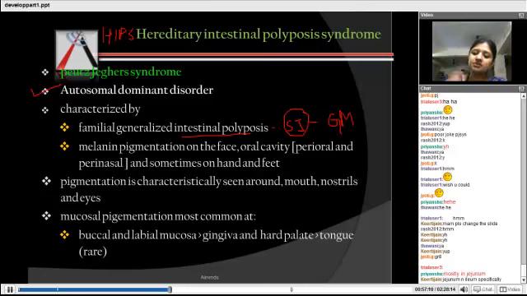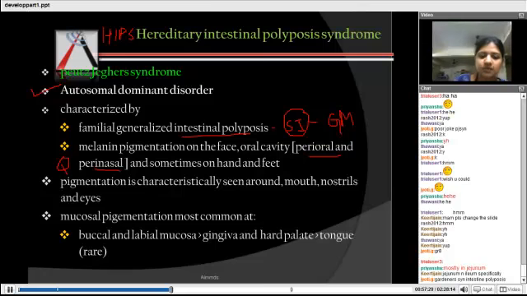So the distribution of the pigmentation is referred to as perioral and perinasal. This has also been an MCQ: what is the kind of distribution of pigmentation in Peutz-Jeghers syndrome? It's perioral, perinasal on the face. You could also see it on the hands and feet.